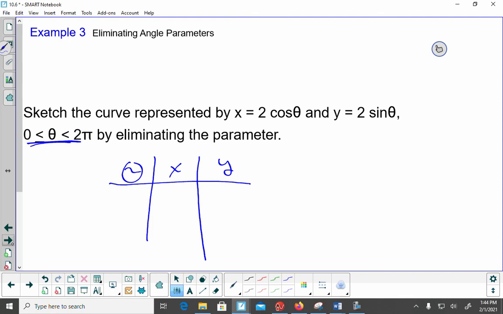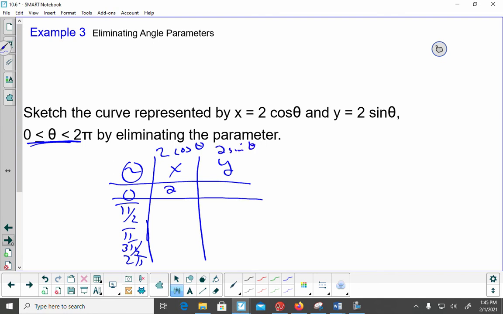Looking at the next problem, I'll start with 0. I know it's greater than 0, but I'm just going to start with 0 to give me an idea of where I'm starting. And then I'm going to do pi over 2, pi, and 3 pi over 2, and then I can finish with 2 pi. So this one would be 2 cosine theta. The cosine of 0 is 1, so this will be 2. This one is 2 sine theta.